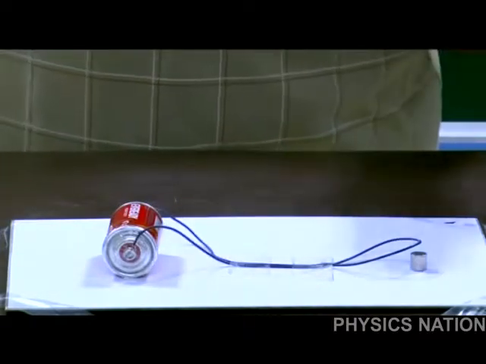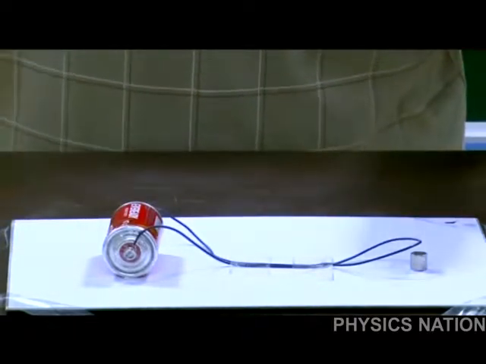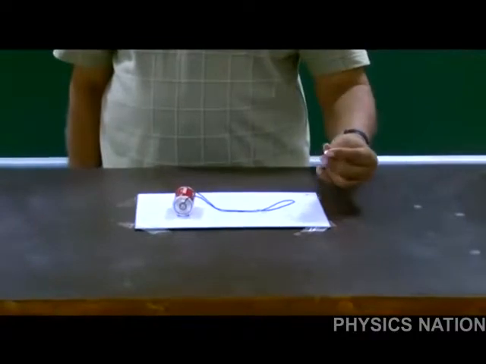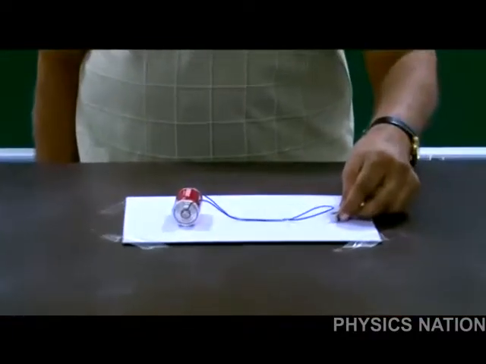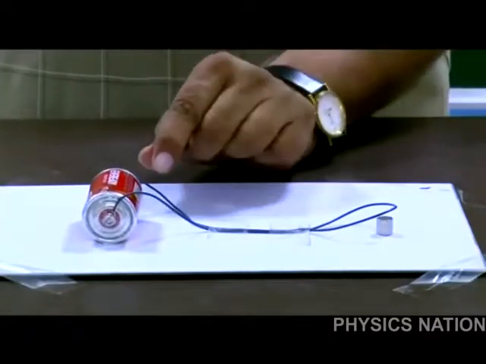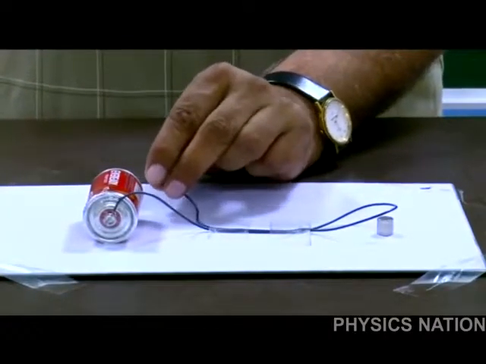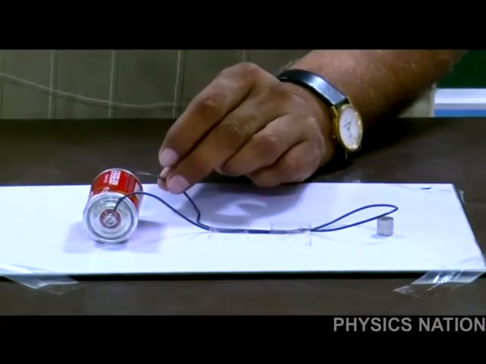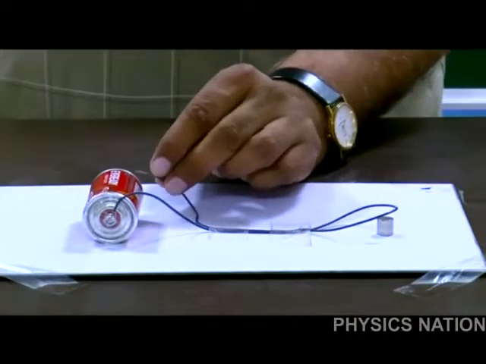The lift is much less. Okay, now what happens if I reverse the magnet? The polarities are reversed. Let me reverse it and put it this way. And now I am touching this other end, and you see the force is downward, it attracts.